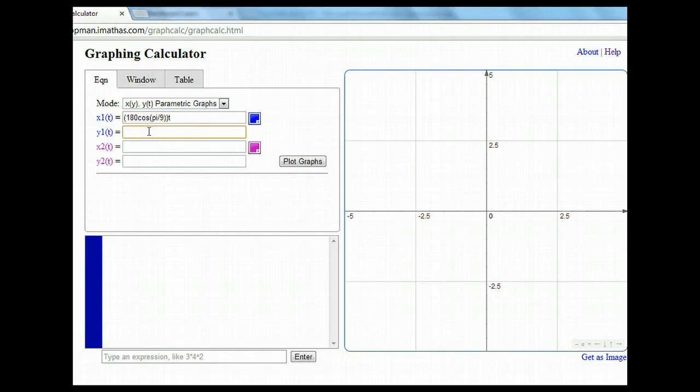And our y value was 10 plus 180 sine pi over 9 t, minus 16t squared. Okay, so just do a quick double check. Make sure you have everything typed in there correctly. And then go ahead and push plot graph.